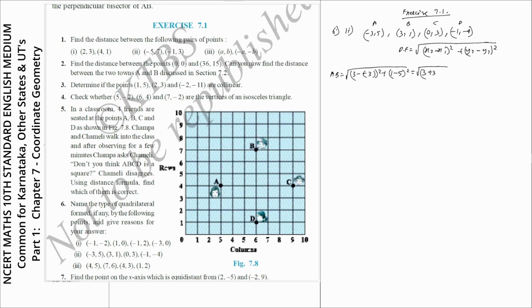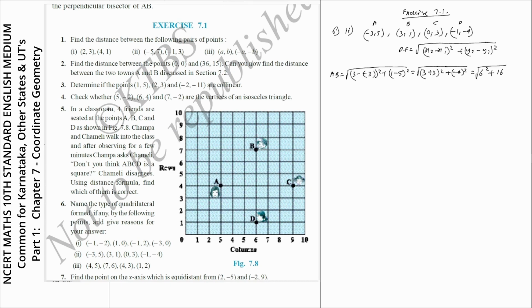So 3 plus 3 the whole square, plus 1 minus 5 is minus 4, minus 4 the whole square. So this is equal to 3 plus 3 is 6 square. So minus 4 the whole square is minus 4 into minus 4 is plus 16.